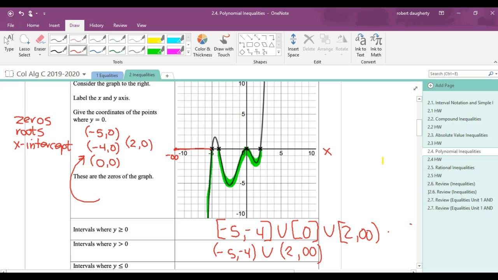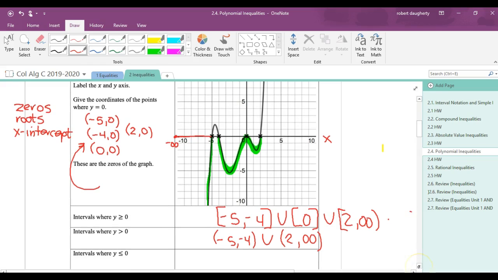So that first interval is from -infinity to -5. Infinity always has a parentheses. Since this is less than or equal to 0, what kind of enclosure goes around that -5? A bracket, okay?